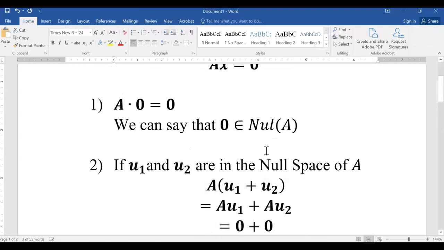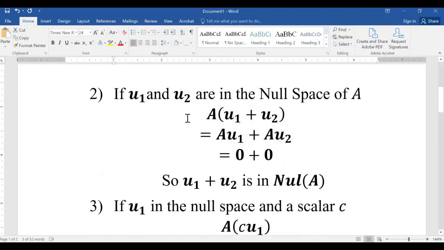So what we see is that, yes, when you multiply A times 0, you get 0. So 0 is in the null space. If you have two vectors that are in the null space, then their sum, when you multiply them by A, also gives you 0. So the sum is also going to be in the null space.